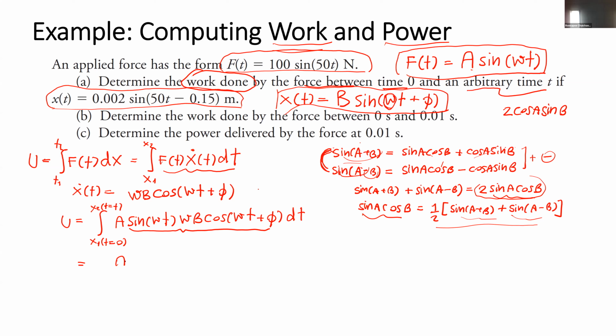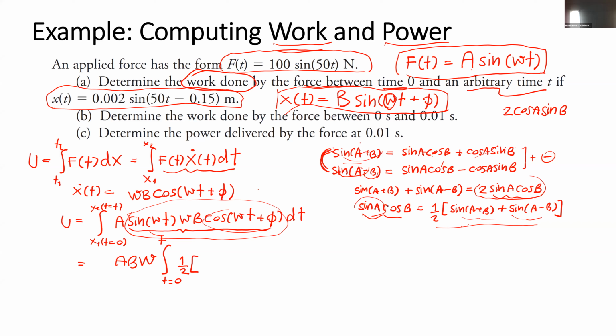We can move A, B, and omega outside, and the integral from 0 to t of this, by using this, you can get 1/2 of sine A plus B. This is sine A and this is cosine B, right?